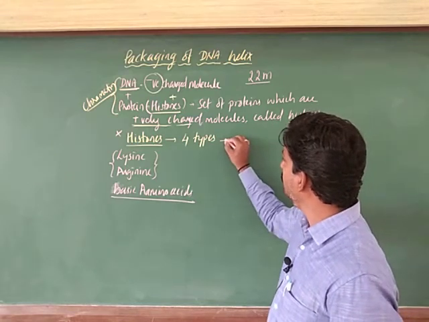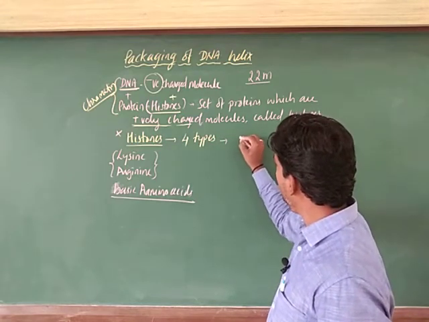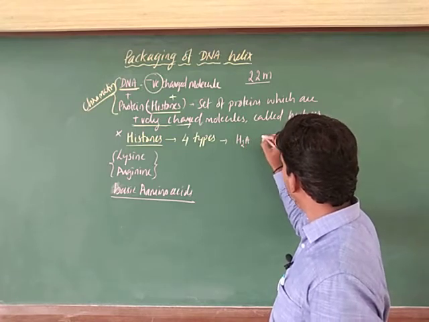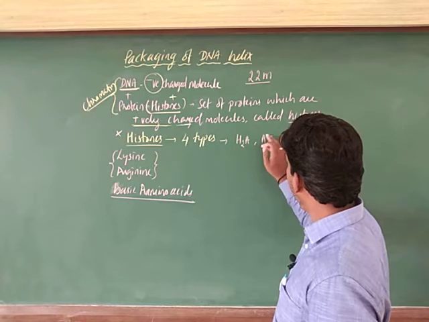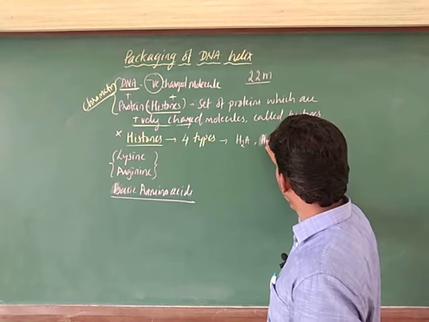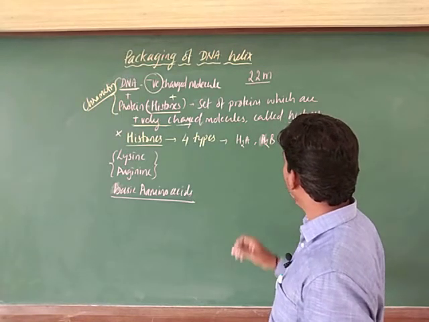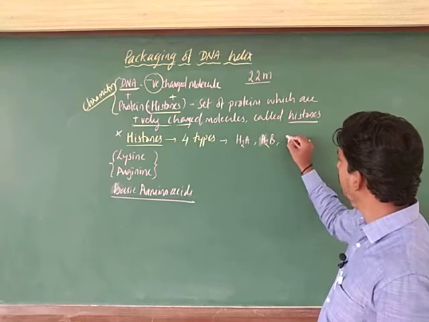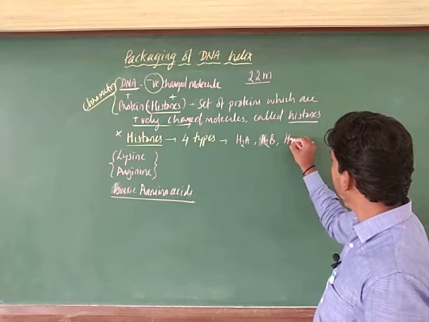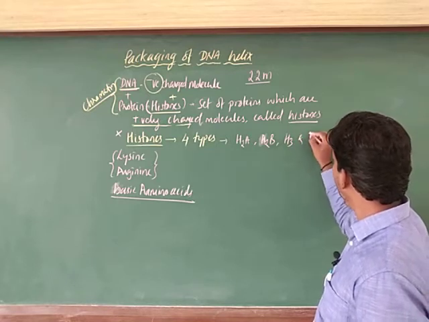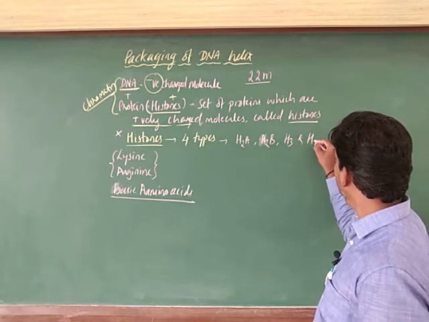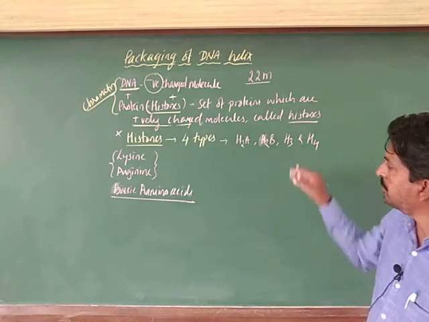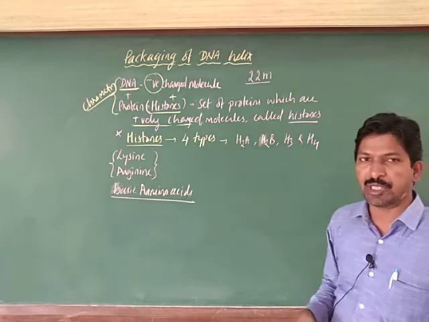What are those 4 types? H2A, H2B, H3 and H4. These are the 4 types of histones, though actually there are 5 types we can consider.